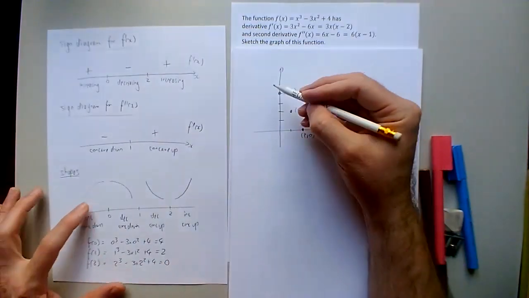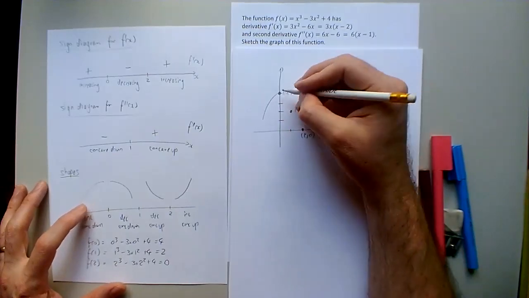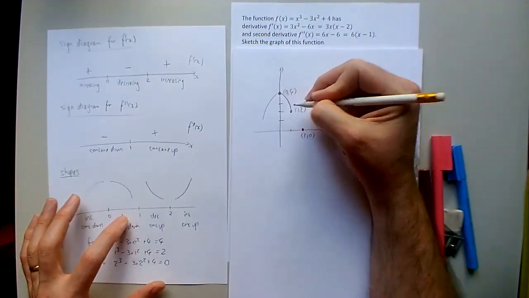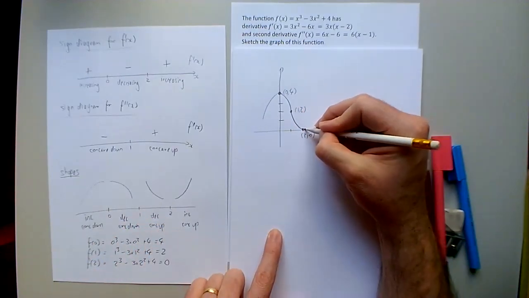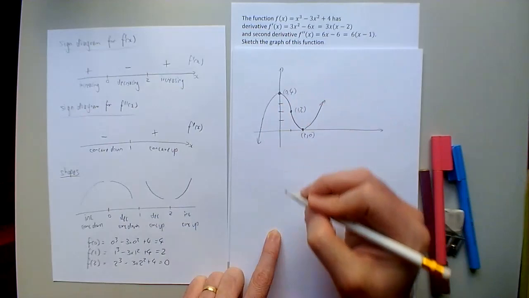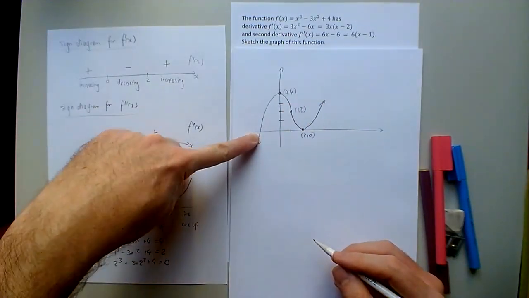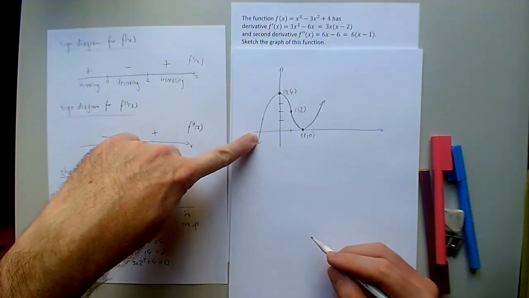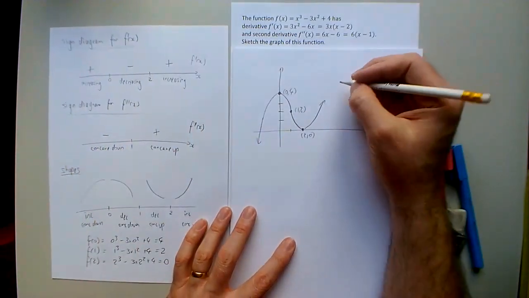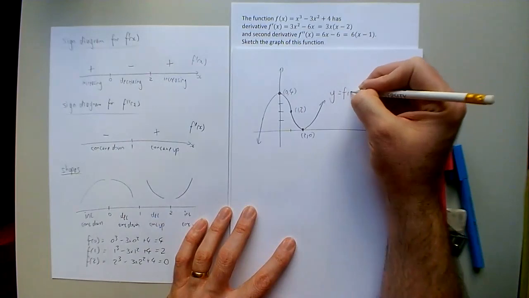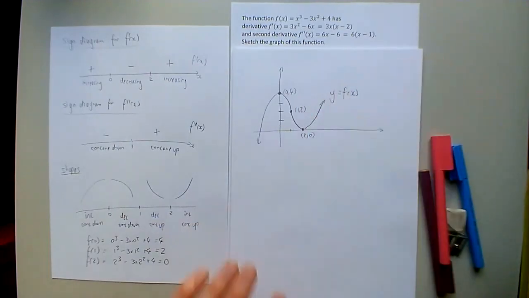And we know it's increasing concave down here and decreasing concave down here and decreasing concave up here and increasing concave up here. And there's an x-intercept there, I'm sure, but it probably doesn't really matter in order to locate exactly where the graph is. So this is the graph of y equals f of x, based on all that information.